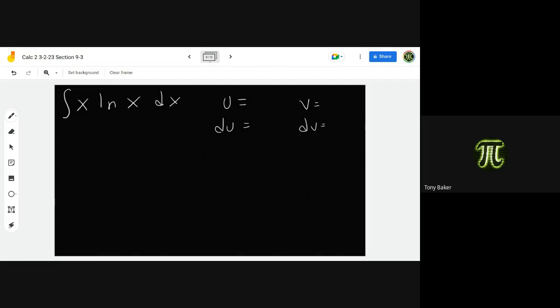Which one am I going to make u? x. And then du becomes just dx, right? And then the derivative or the integral of ln of x is 1 over x.